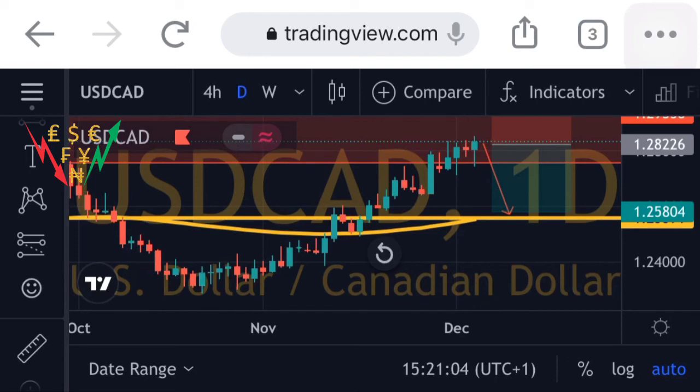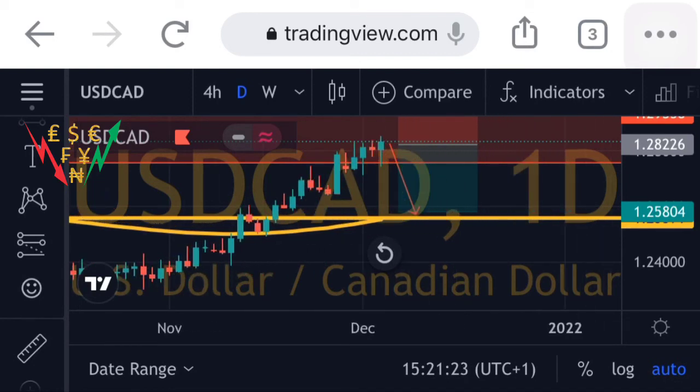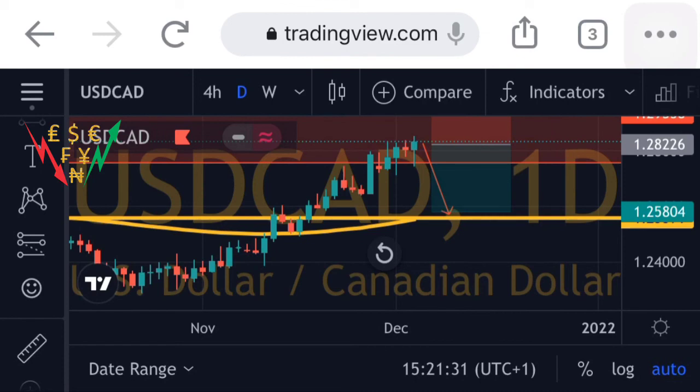The price may consolidate around this area, maybe give us a better, higher price to sell, but we must see that confirmation on the daily time frame, a price action candlestick pattern indicating bearish pressure in the market, for us to go short. And when we go short and come down here, we'll be having around 272 pips, 270 pips or thereabout. But remember, the idea is to make good profit with little risk.